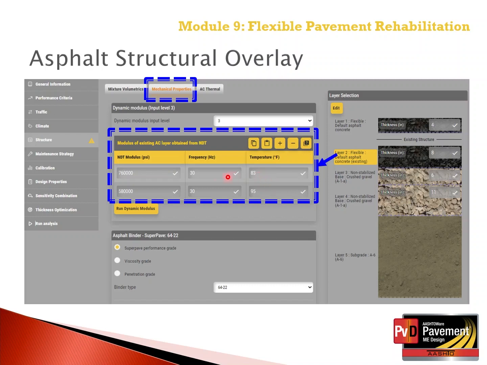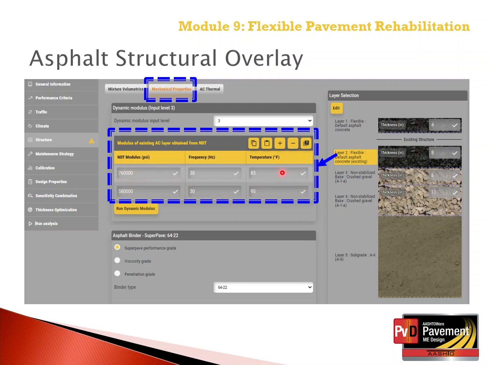In general, most of the time this is going to be one entry because the deflections are generally not measured over a wide enough temperature change for looking at the effects of temperature on the back-calculated layer moduli.